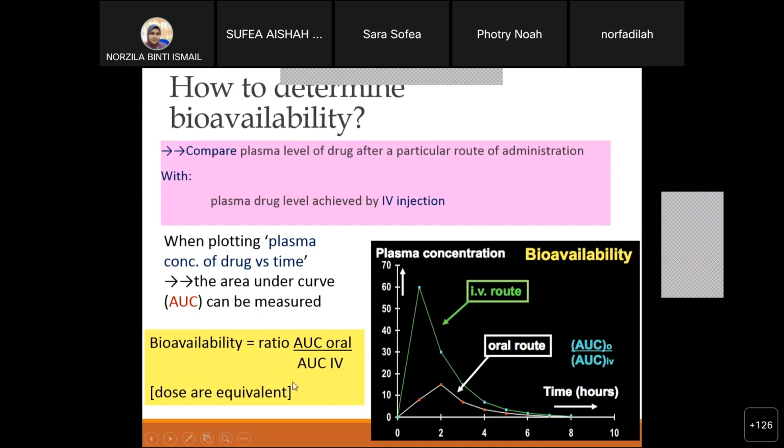We have to measure the ratio of area under curve of oral drug divided by area under curve of IV route. Okay, you still remember additional maths, how to calculate area under curve? We need a formula, doctor. Yes, actually, but we will not ask you such a question, just for you to understand what bioavailability actually is. There are two ways when we are given values, we can calculate.